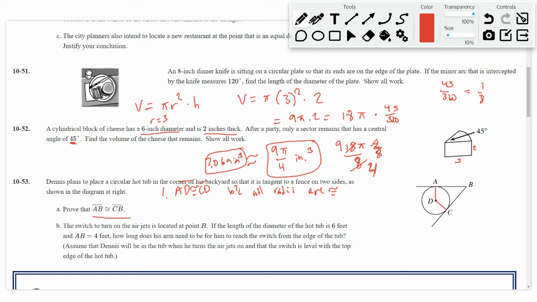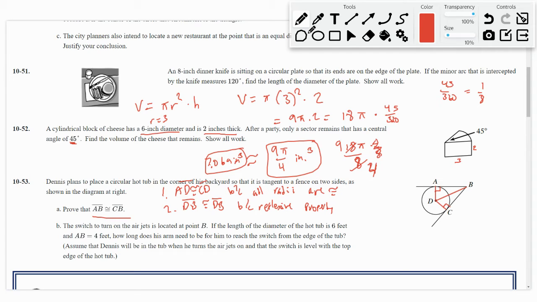Next, if we were to draw another segment going from D to B, because we want to split it into 2 different triangles, right? Then DB would be congruent to DB because of reflexive property. But what's the last thing? Well, here's the thing. If we have tangents, we learned the other day that tangents are perpendicular to the radius of the circle.